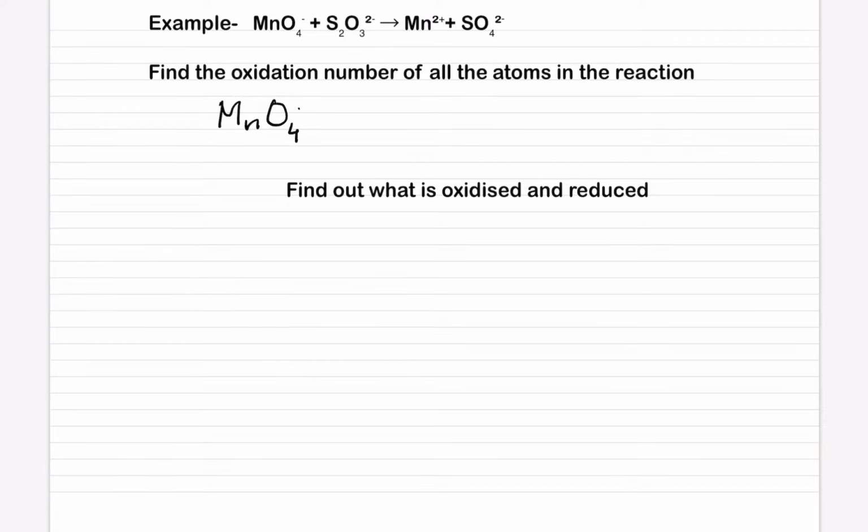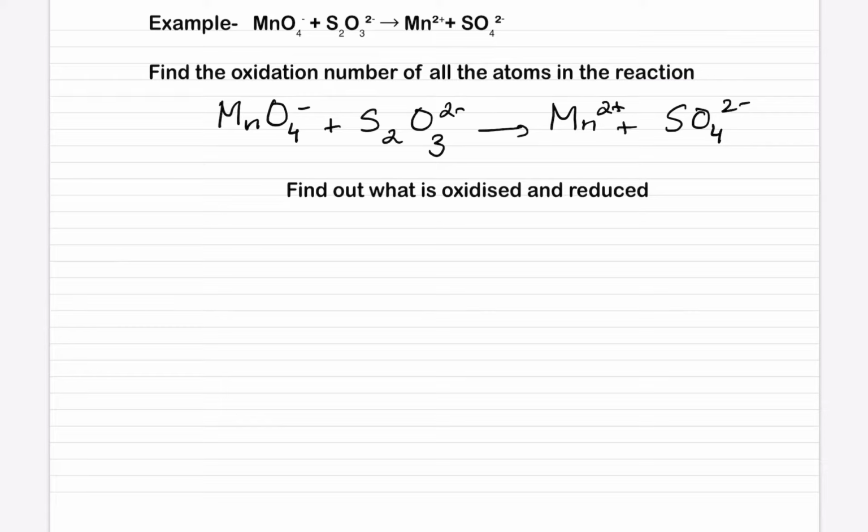MnO4 minus plus S2O3 2 minus will yield Mn2 plus plus SO4 2 minus. Now the first step is to find the oxidation number of all the atoms in the reaction.